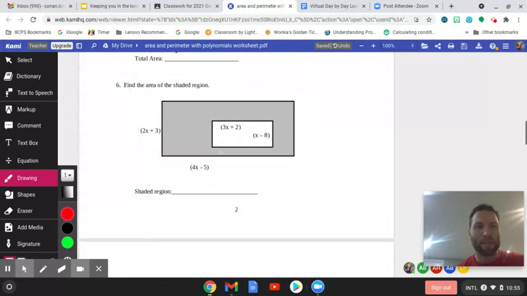Number 6 says find the area of the shaded region. Okay, so the area of the shaded region is really the big rectangle. And then you take away or you subtract the area of the small rectangle, okay? So multiply the big, that would be 2x plus 3 times 4x minus 5.